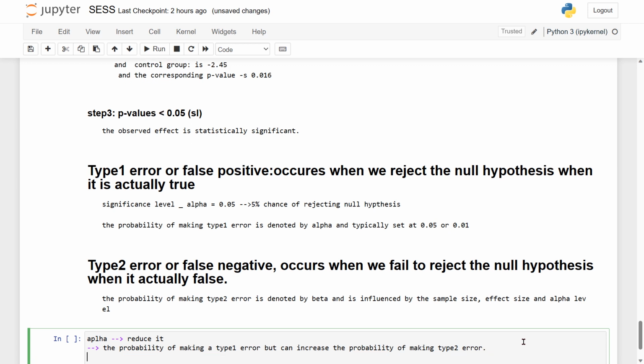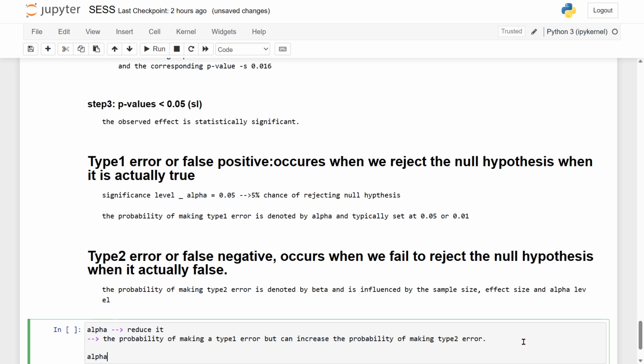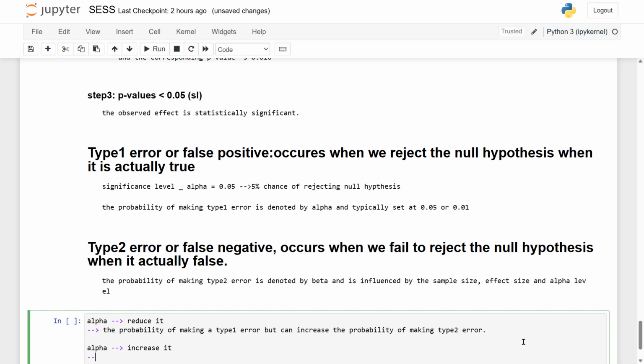Conversely, increasing the significance level increases the probability of making a type 1 error.